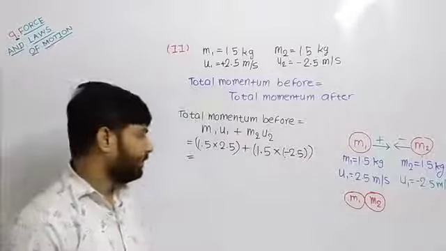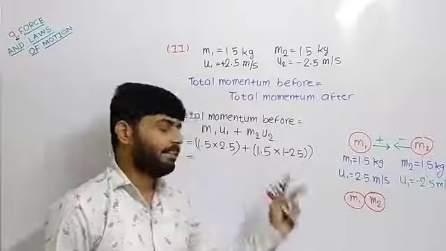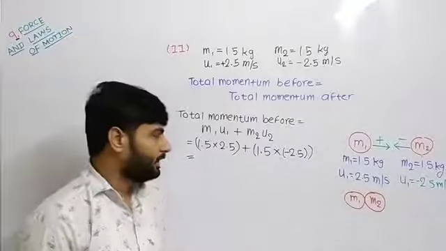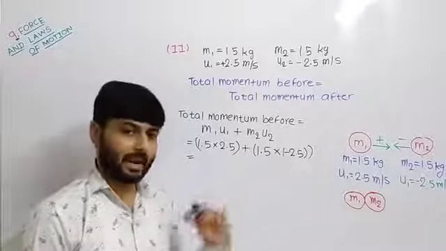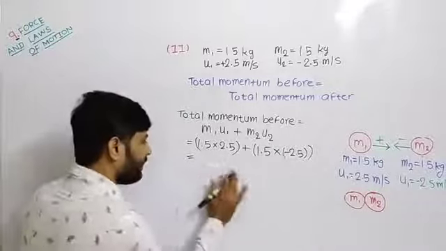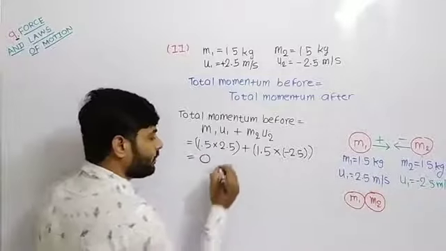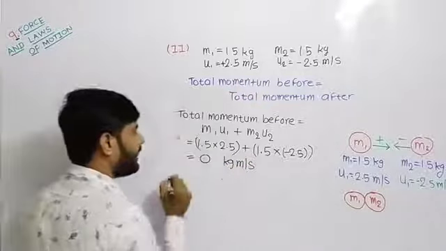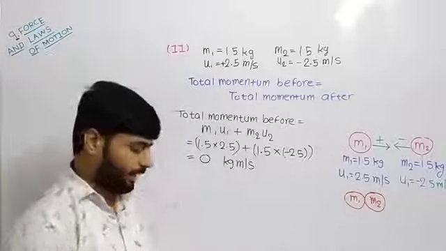Here you can observe this is 1.5 into 2.5, this is also 1.5 into 2.5, which means both values are the same but the sign is opposite, this is plus and this is minus. So positive and negative will cancel out and we will have the answer as 0 kg meter per second as momentum before. I hope you got the point.